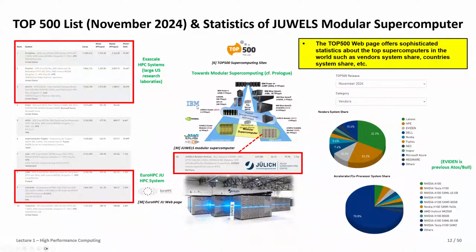An interesting thing with the Top 500 list, which is given out every half a year, is that you can look into many different statistics of the list. This is one interesting one, vendor system share, and how this changed over time. Lenovo, one of the big providers, Eviden, which was Atos before, and of course NVIDIA, some that you know. But it is also possible to look at technologies. You see here the different generations of NVIDIA cards and how they are mapped to the Top 500 systems.